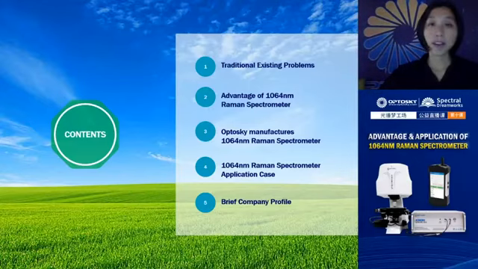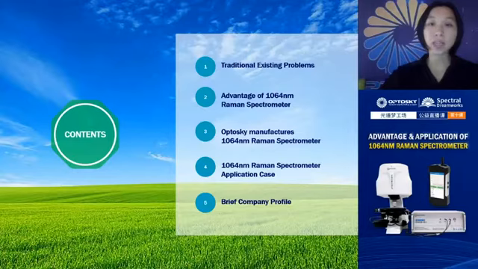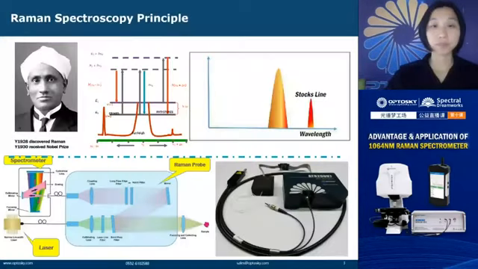Part 2 is the advantage of the 1064 nanometers Raman spectrometers, and part 3 is how Optosky manufactures 1064 Raman spectrometers. In part 4 we are going to introduce 1064 nanometers Raman spectrometers applications, and in part 5 we will make a brief introduction of our company.